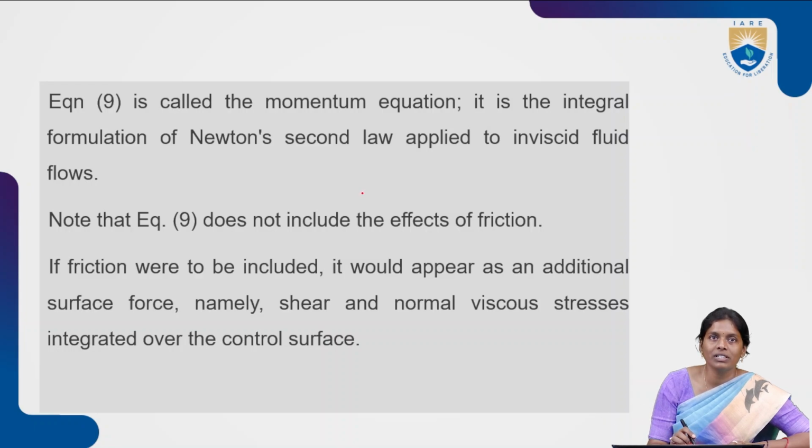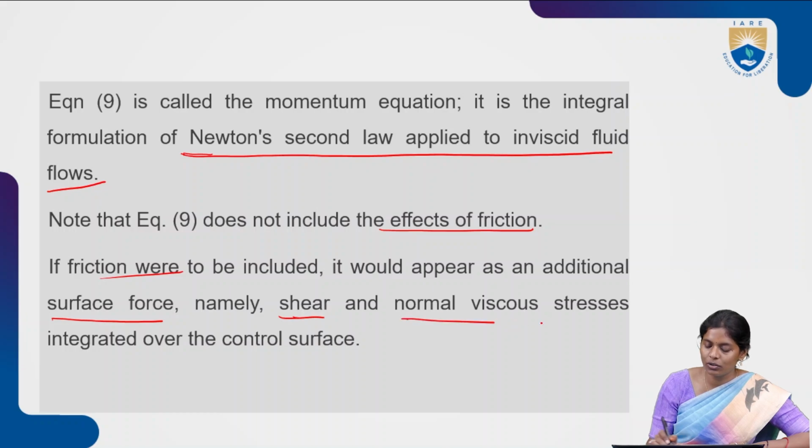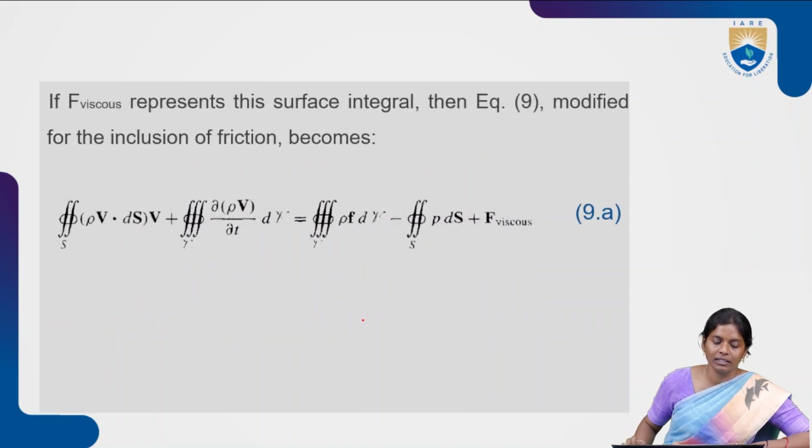So that's why this integral formulation of Newton's second law applies to inviscid flow only. The equation tells us that the effect of friction, the shear stress terms, is not included. If we include friction, what additionally appears in the surface forces are the shear and normal viscous stresses, which will be integrated over the entire control surface.